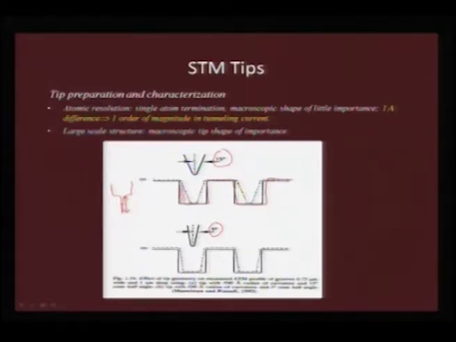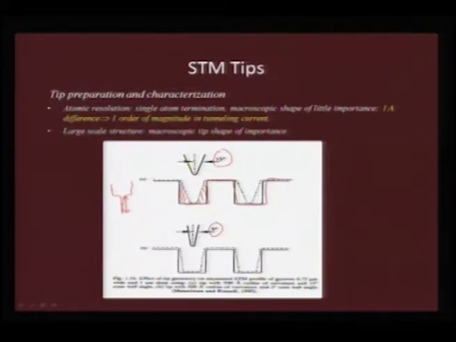These are areas which will not be mapped by your STM tip because of your cone angle. Therefore, the sharper the cone angle, the better the lateral resolution. So, your atomic imaging will be very sharp if you have a very small cone angle.